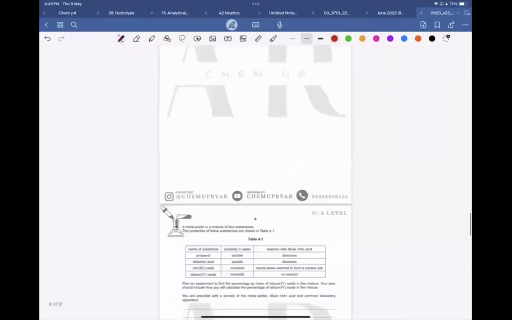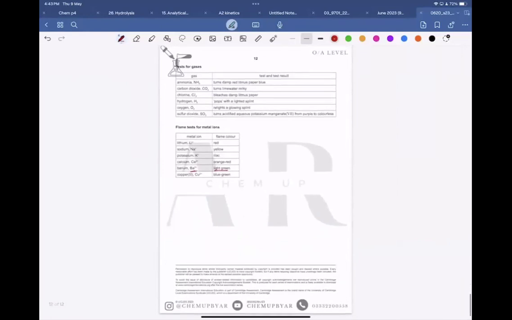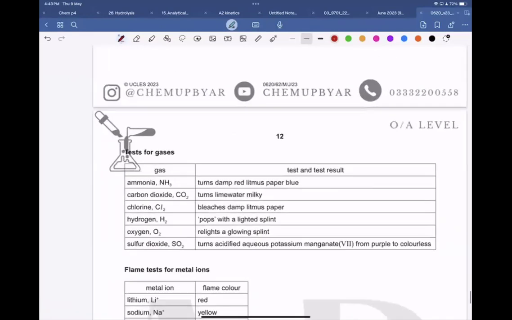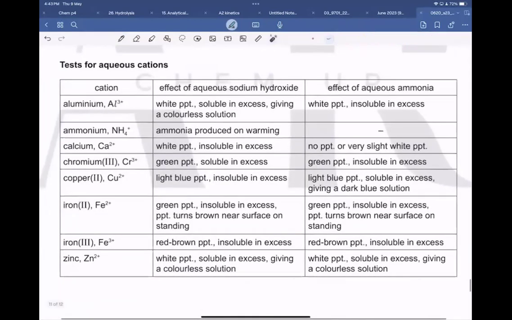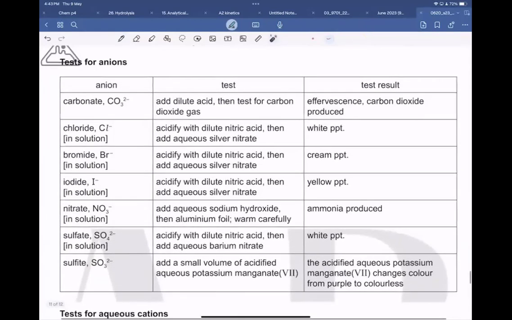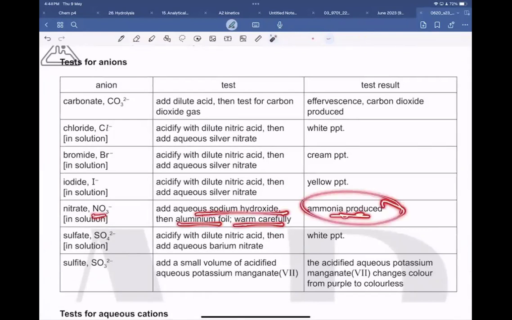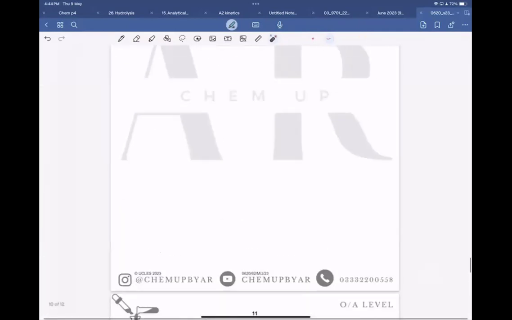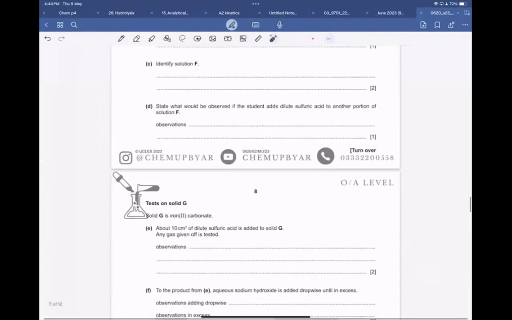If you see over here, yes, very good, Ahmad Mushtaba, and very good, Amal. Okay, so see over here: for a nitrate ion, aqueous sodium hydroxide, aluminum foil, warm carefully. Ammonia is produced, and this happens when there is a nitrate in the sample, NO3⁻. So we got to know that it has a nitrate ion.